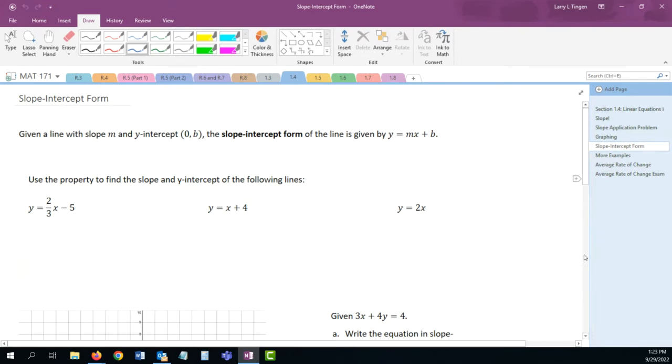So now we're going to move on over to slope-intercept form. This is a huge deal for algebra and for graphing.